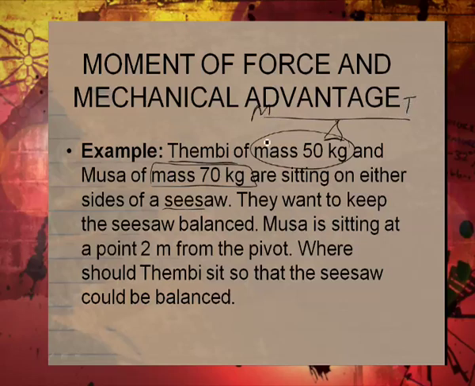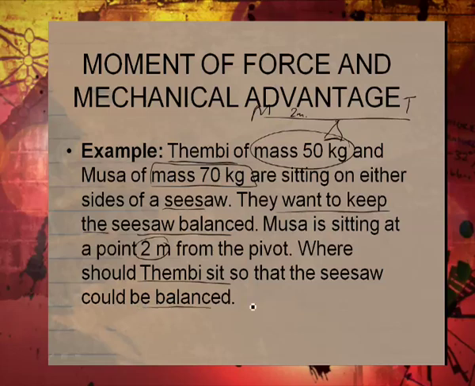They want to keep the seesaw balanced, so they don't want it moving up and down. Musa is sitting at a point 2 meters from the pivot. And then where should Thembi sit so that the seesaw could be balanced?